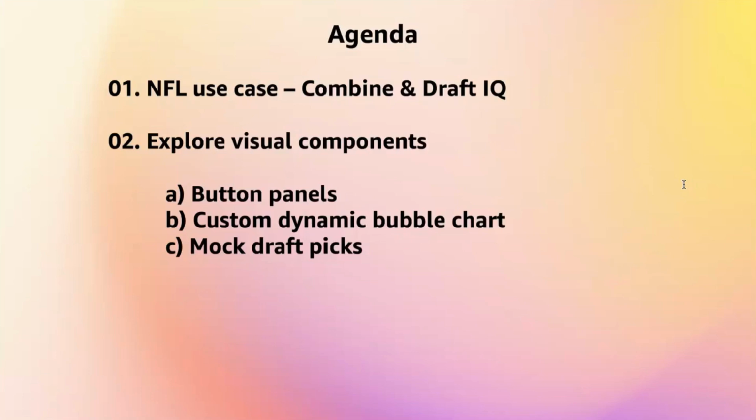It was a wonderful partnership from the get-go. So we talked about how to use QuickSight to bring more valuable insights to their fan base as well. And that's where these public-facing use cases came from.